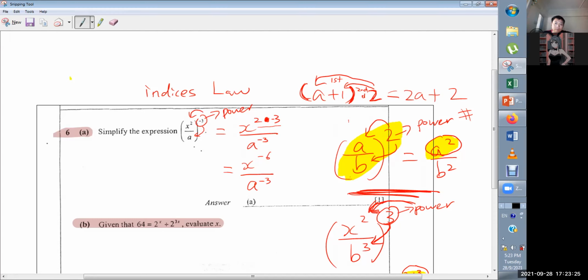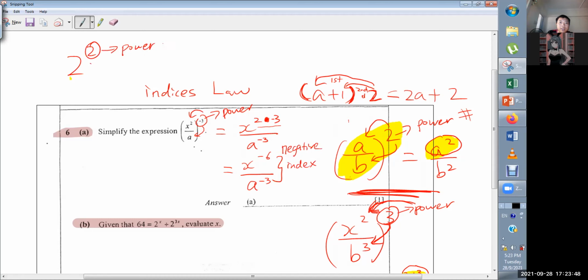Actually, this whole thing is called negative index. Index means, for 2 to the power of 2, this is called the power.